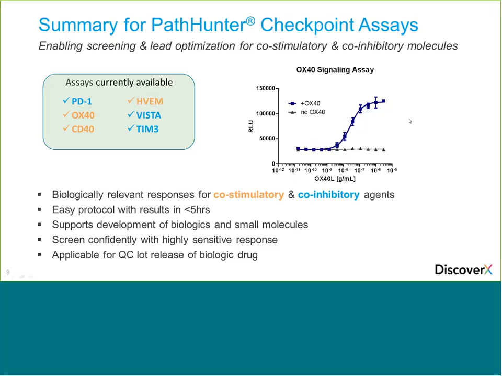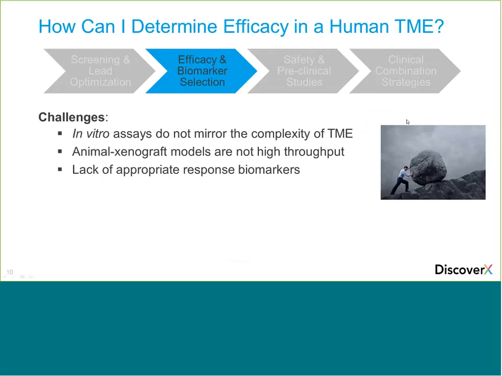So once you've identified a lead molecule and then optimized it, a question that often comes up is, how do I test the efficacy of this molecule in a more physiologically relevant system?